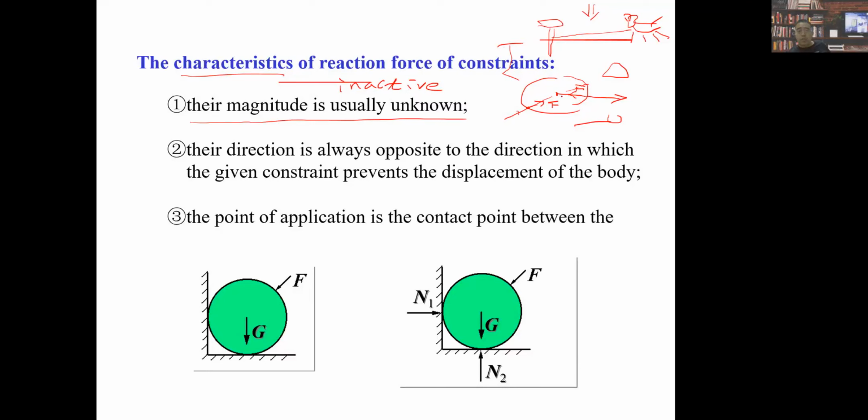We just use this constraint to prevent some kind of movement. If you know this, then when I introduce different types of constraint to you guys, you will find that different constraints have different reaction forces, right? They try to restrict some kind of displacements from happening.